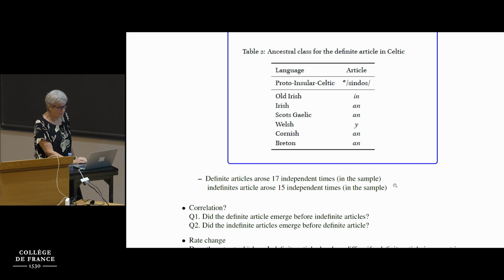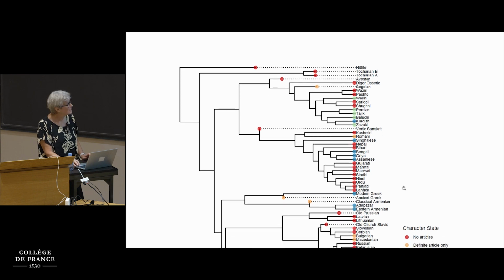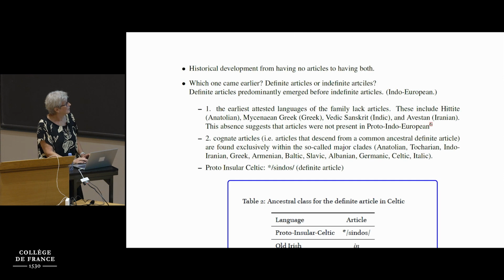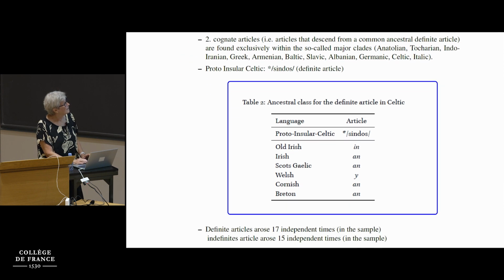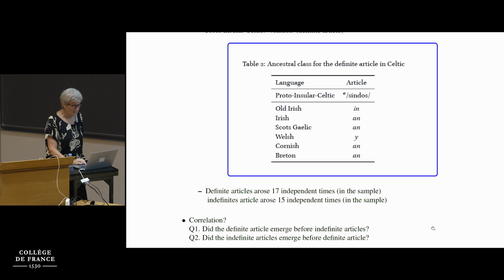So what he then actually showed, which I think is quite remarkable, is that definite articles emerged 17 times in the history of European languages, and indefinite articles arose 15 times, okay? And they arose within the language families, so they're not inherited.